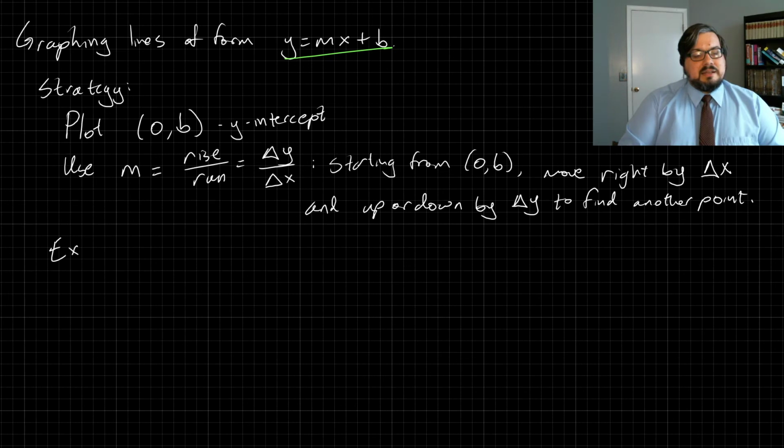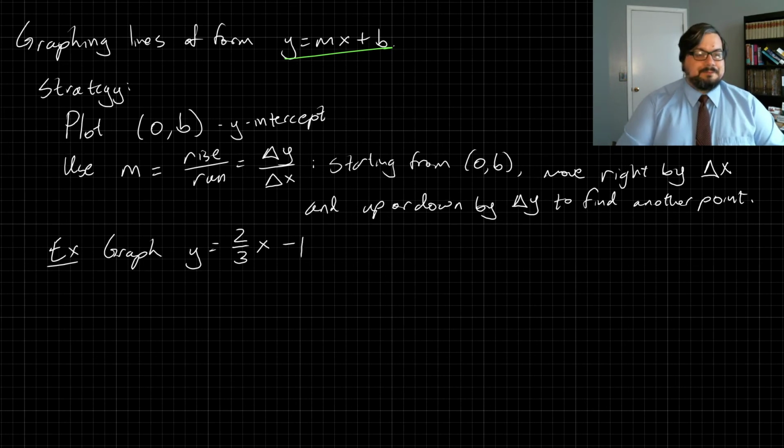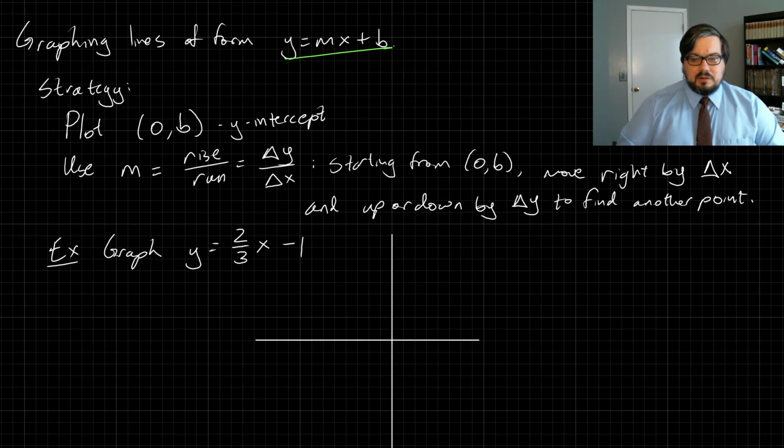So let's see an example of how this goes. Let's graph y equals 2/3 x minus 1. I'll do that here. And actually, let me go ahead and make my plot nice and big.